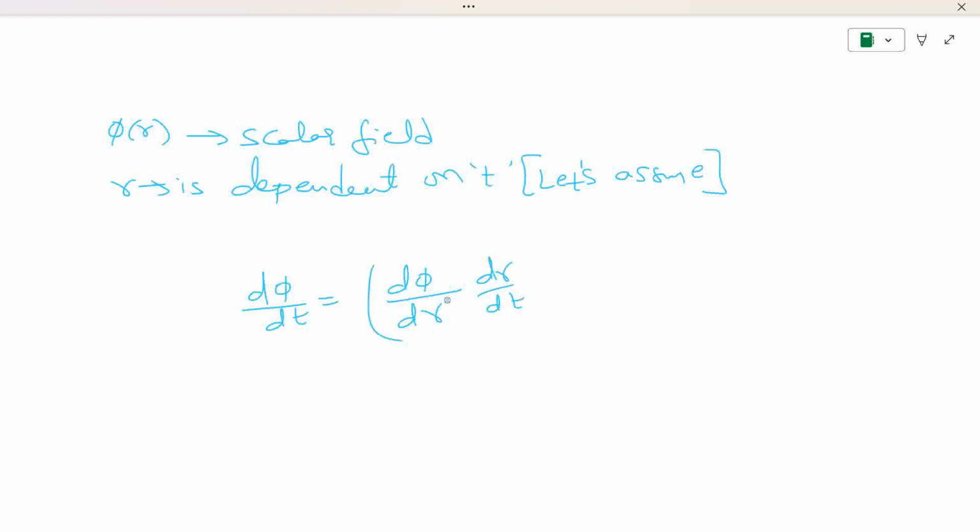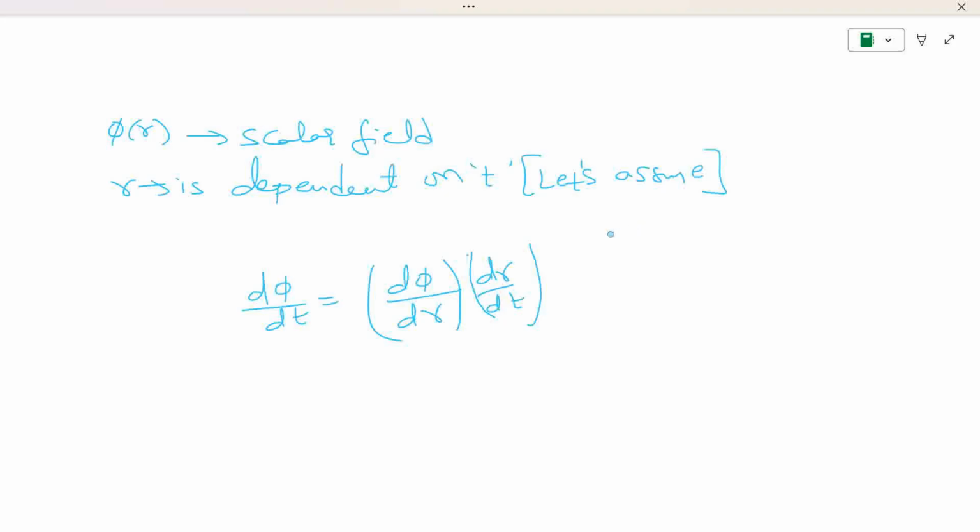So in this case we have to calculate d phi by dr and then dr by dt. When we multiply, we will get d phi by dt. Even though phi is not a function of t, still we can calculate d phi by dt because r is dependent on t. Basically, r is a function of t.